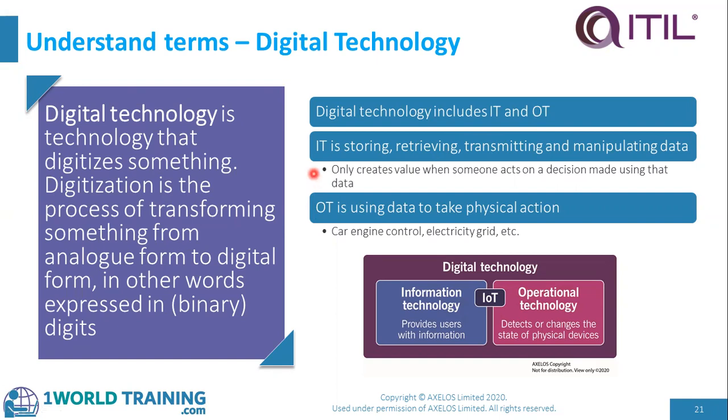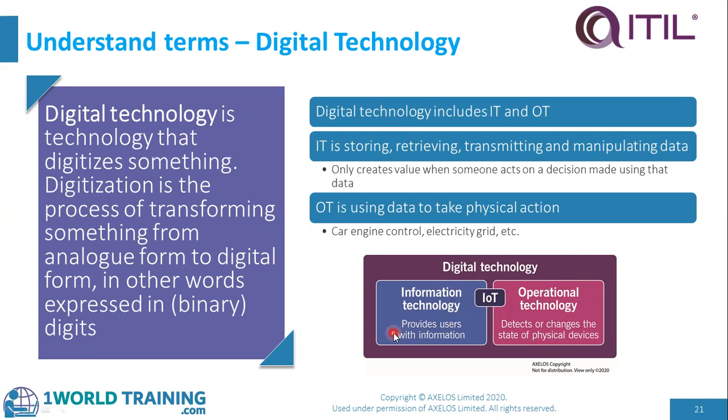IT creates value when someone acts on a decision made using their data. While IT does fetch data, the value of IT is realized only when the data is used to make a decision or for some other purpose. And similarly, OT, because it uses data to take physical action, can be used to control the engine of a car or to control the national electricity grid, etc. So digital technology uses both IT and OT.